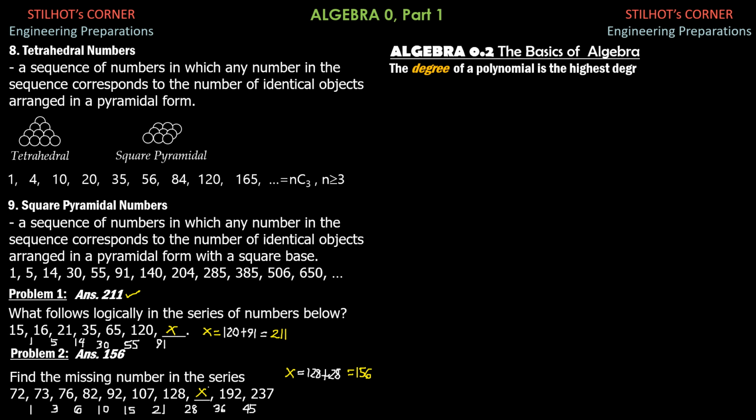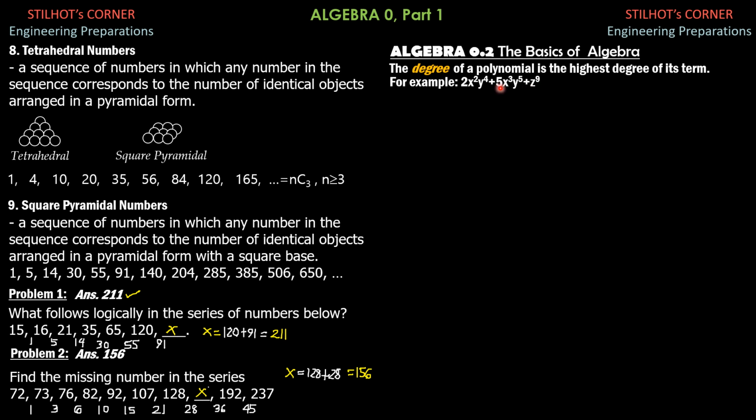For example, we have 2x squared y to the fourth, plus 5x cubed y to the fifth, plus z to the 9.